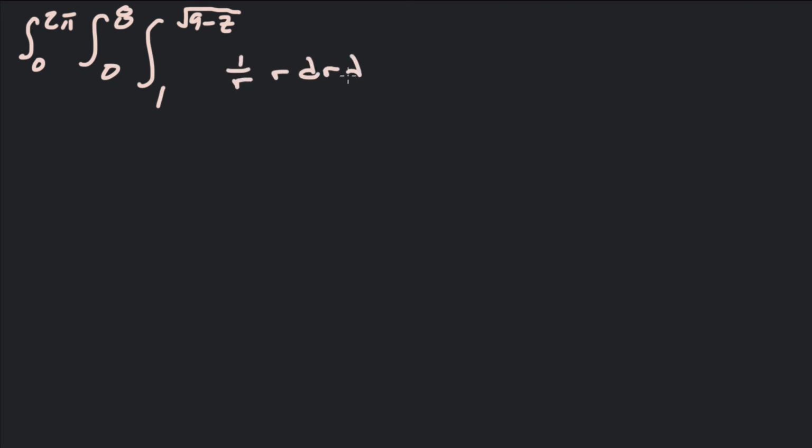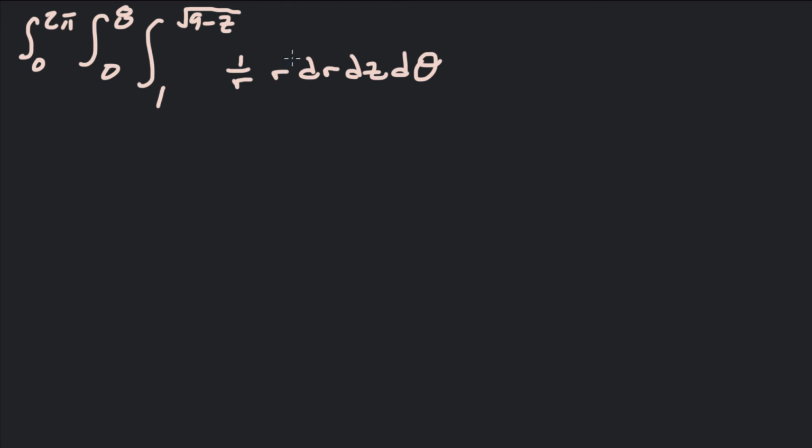So this is going to be integral 0 to 2π, integral 0 to 8, integral 1 to square root of 9 minus z. Then we have 1 over r dr dz dθ here. So we're doing r first.